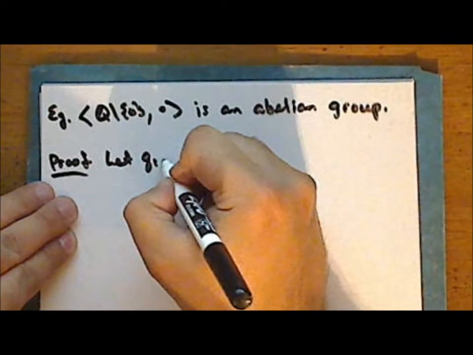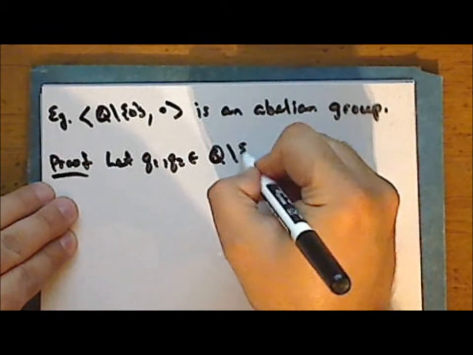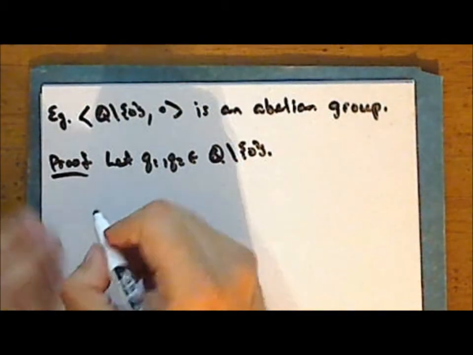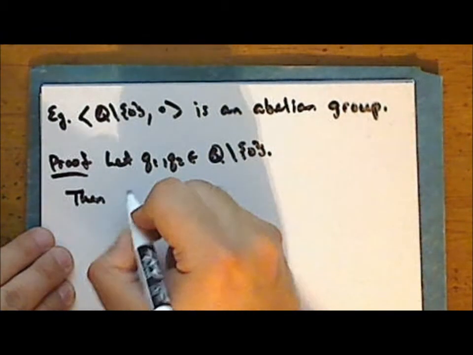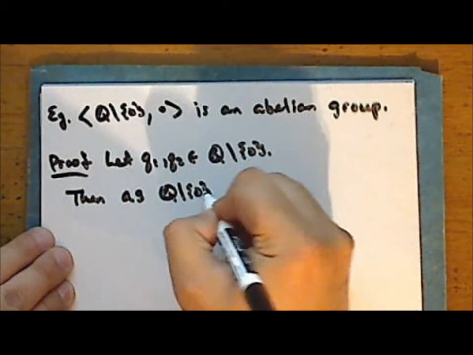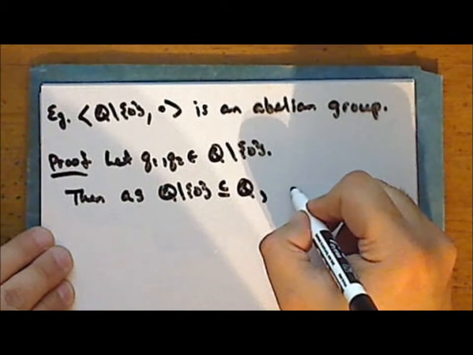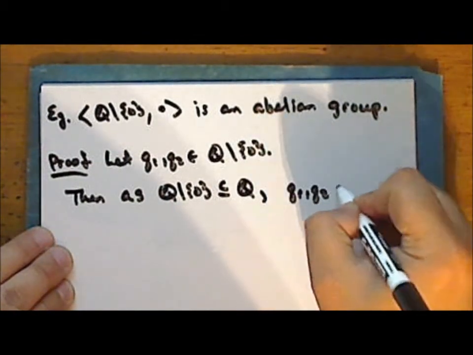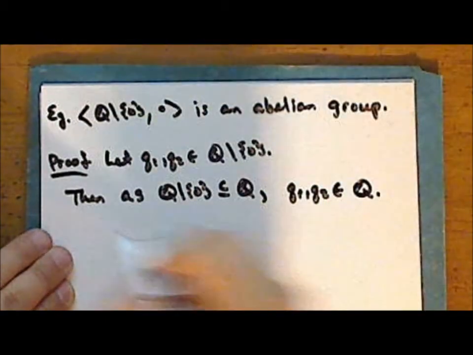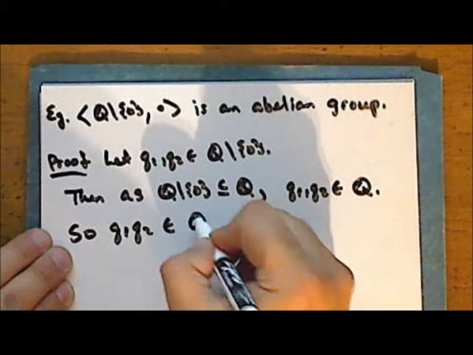Let q sub 1 and q sub 2 be non-zero rational numbers. Then, as the non-zero rational numbers is a subset of the entire set of rational numbers, the numbers q sub 1 and q sub 2 are rational numbers. And so the product, q sub 1 times q sub 2, is a rational number.